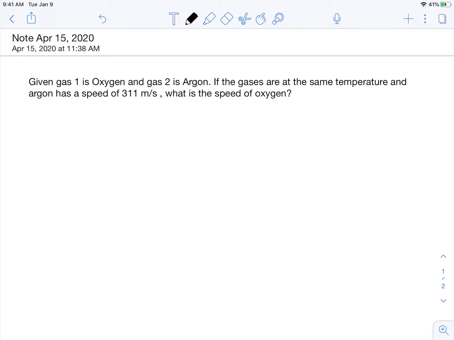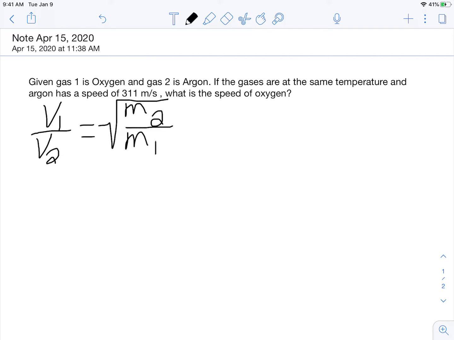So first thing I'm going to do is just write down the formula for Graham's Law of Diffusion. So we have V1, that's velocity 1, over V2, my velocity 2. And then we're going to set that equal to the square root of, in this case, molar mass 2 over molar mass 1.